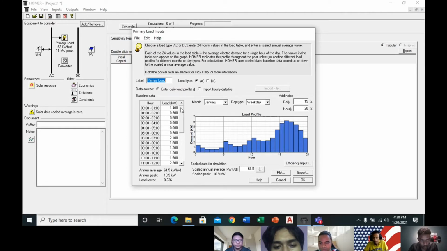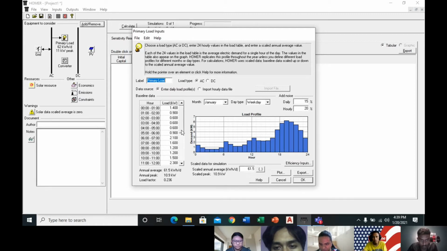From 12 to 1 a.m. it's 1.4 kilowatts per hour. Then it decreases to 0.9, and it decreases more from 2 o'clock to 3 o'clock to 0.6 kilowatts per hour. Then it remains at 0.6 kilowatts per hour from 2 o'clock until 5 o'clock. After 5 o'clock, it increases to 0.9 kilowatts per hour.